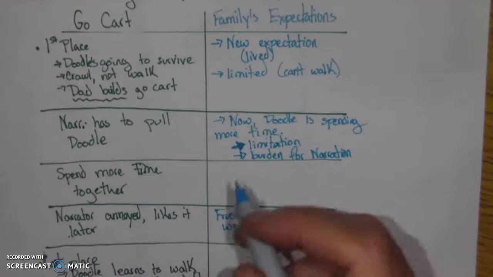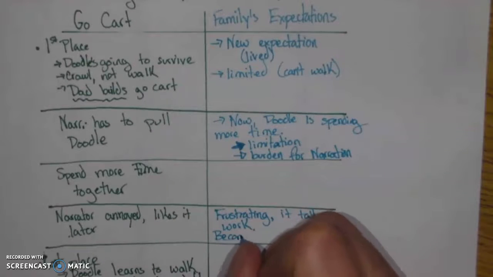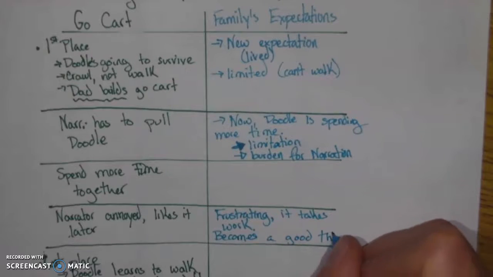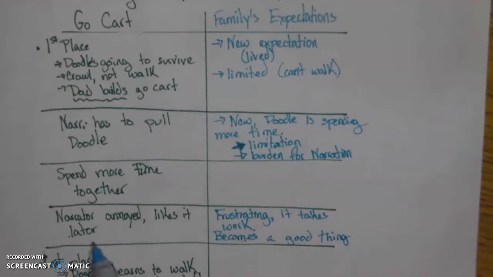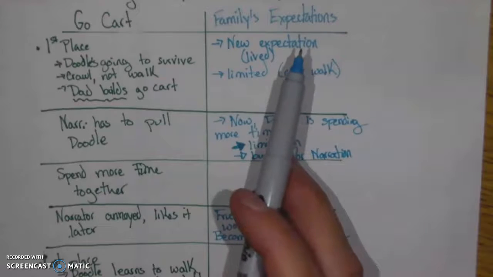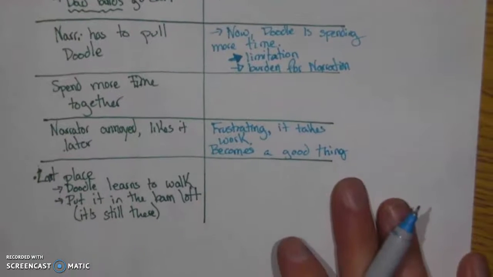But these new expectations also become a good thing for them. And you see the narrator slowly spending time with Doodle and having that go-kart there, right? And you see him slowly like these new expectations and even go beyond these expectations. And that's where that last part comes together.